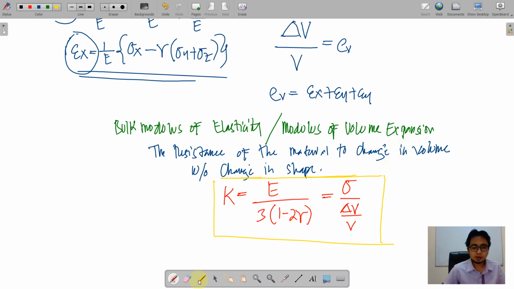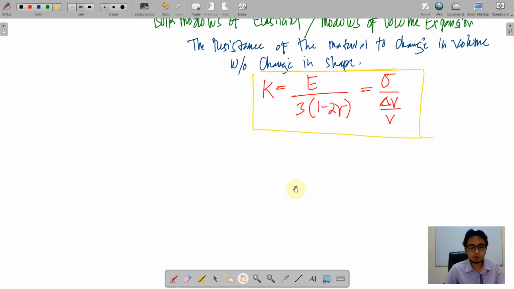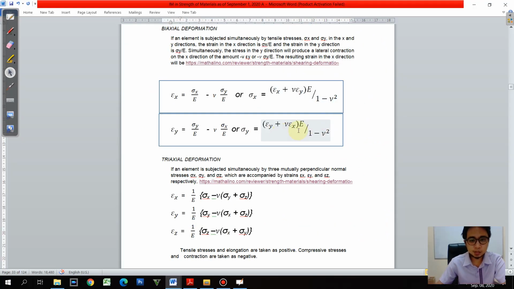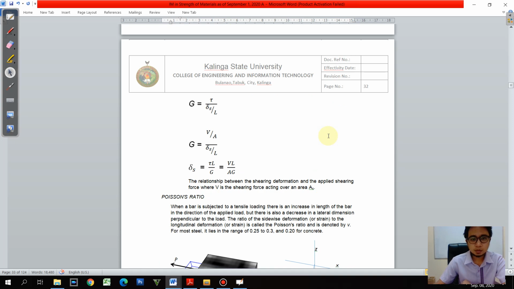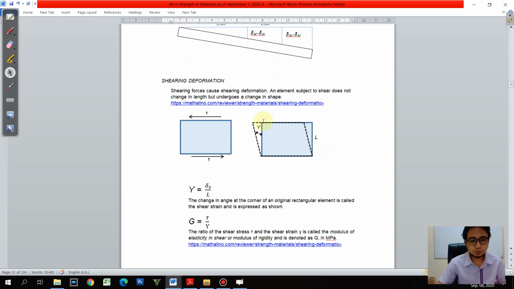So another variable we need to explore here is if we have a cutting force. Of course, we all know that the shear is a cutting force, or the stress caused by a cutting plane or cutting force, or a tangential force applied to a certain surface.